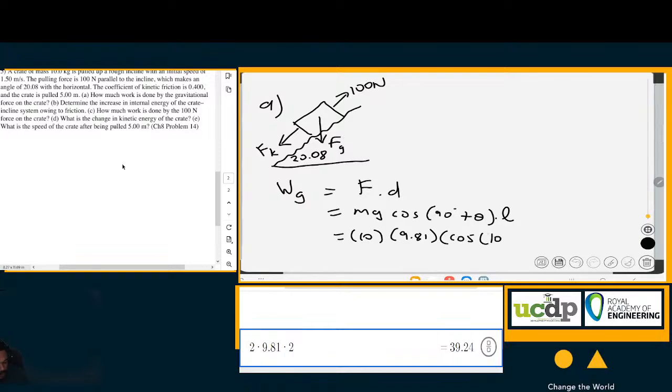So let's just say 110 degrees times the length, which is 5 meters. The work done by gravity, therefore, is negative, and it's 168 joules. Gravity does negative work.